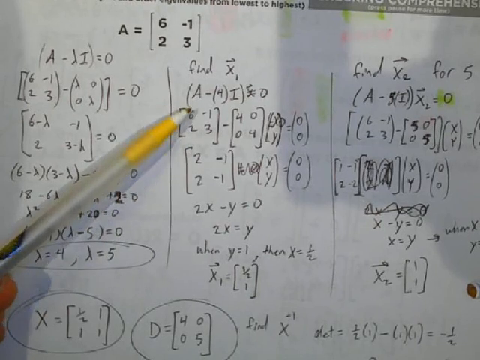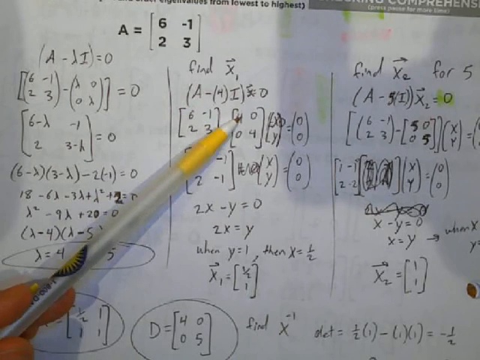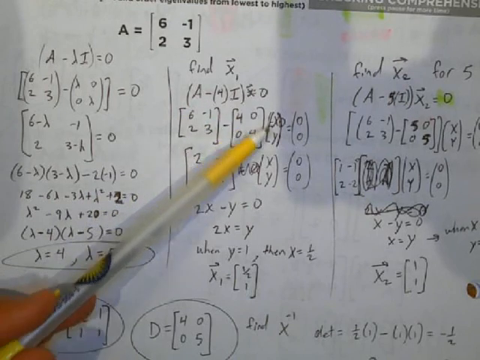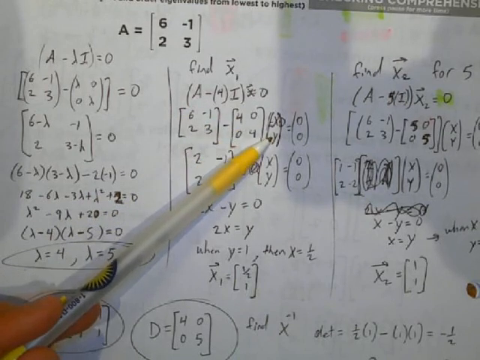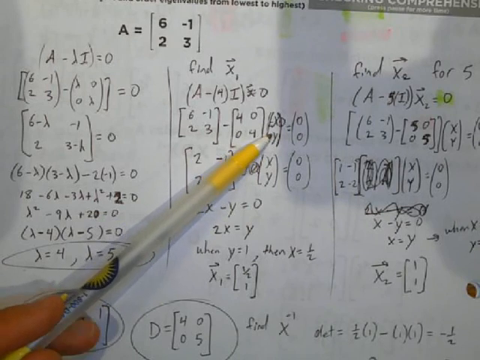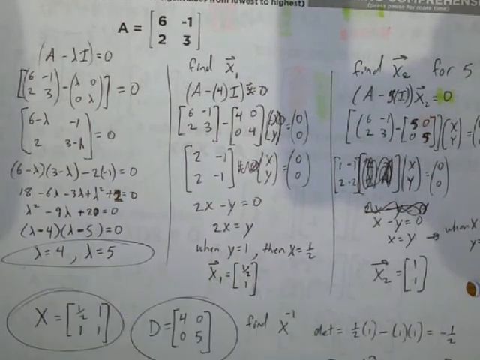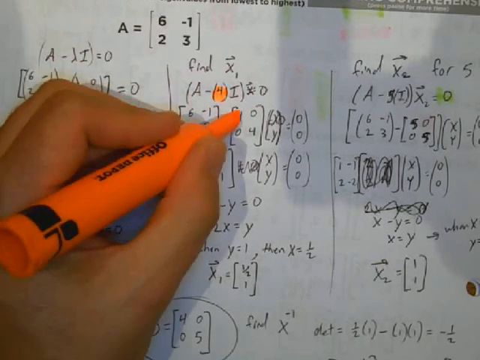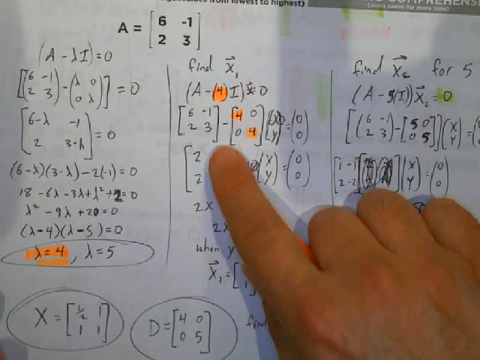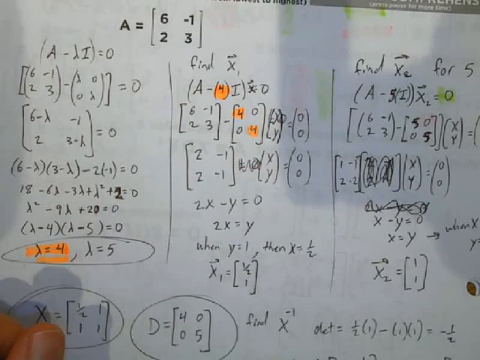A is 6, negative 1, 2, 3, minus 4, 0, 0, 4. And so I'm using this first eigenvalue of 4, right? So I'm plugging in 4 in here, and then I get 6 minus 4 gives me 2.